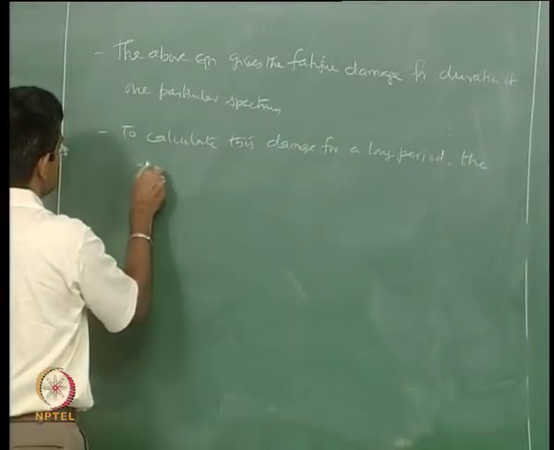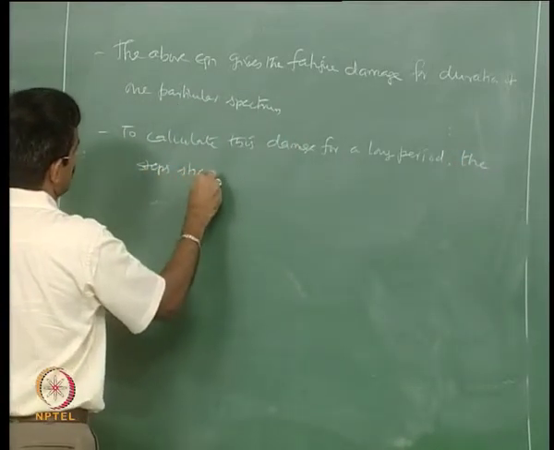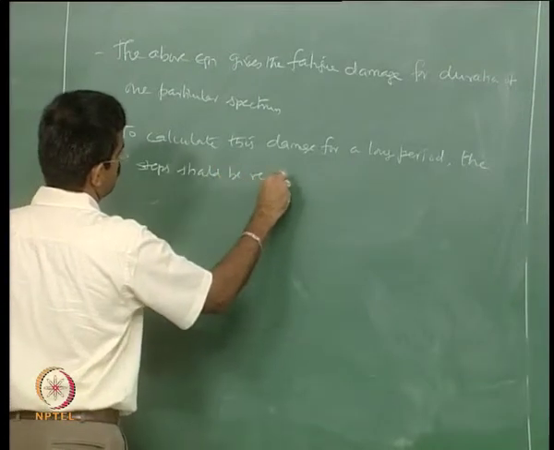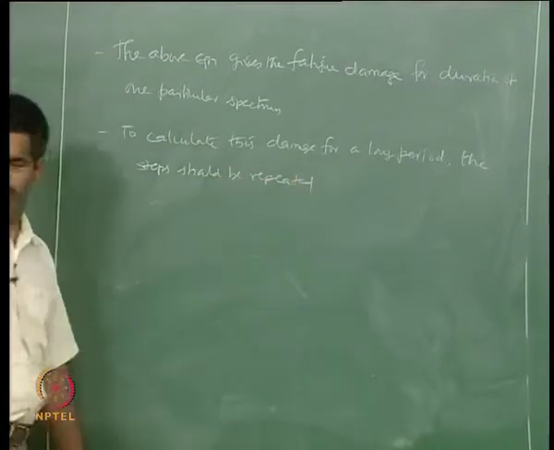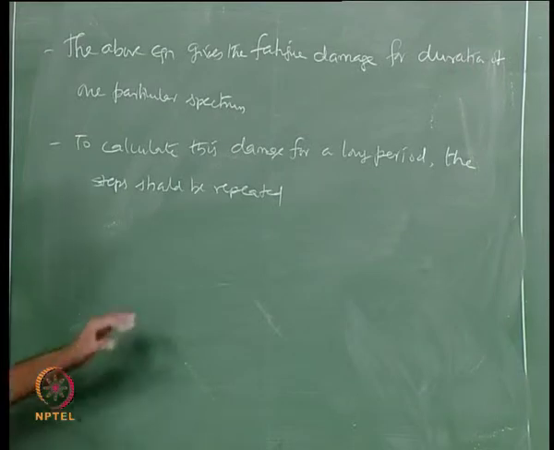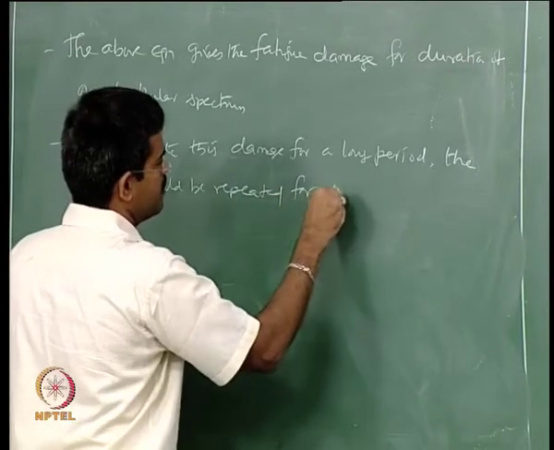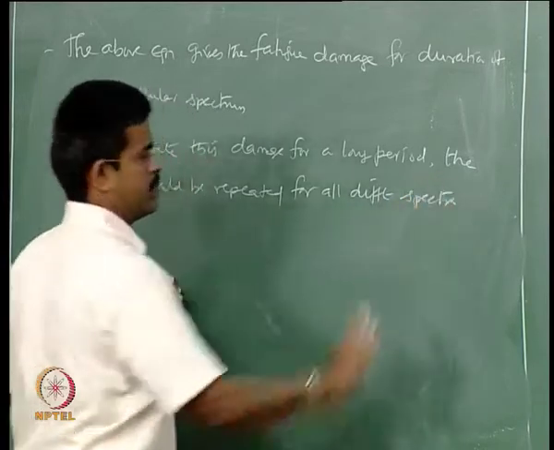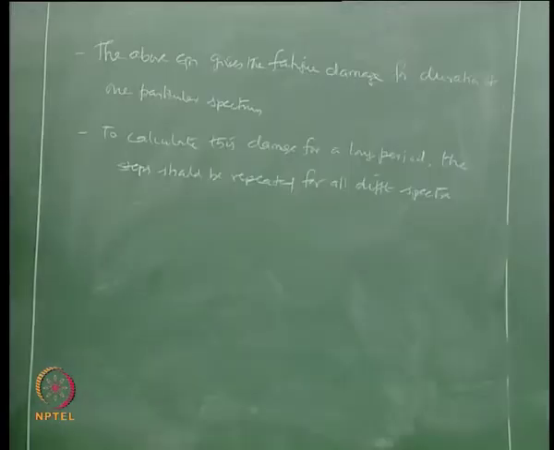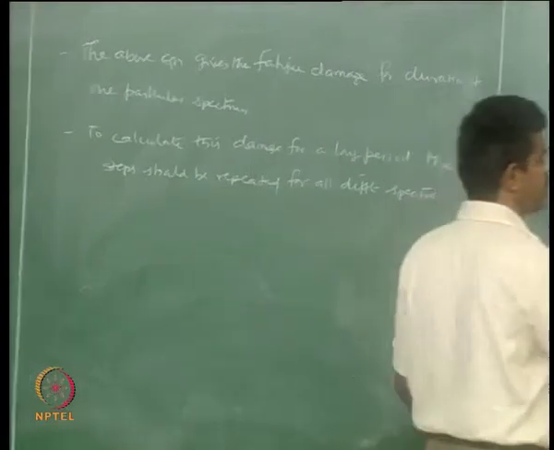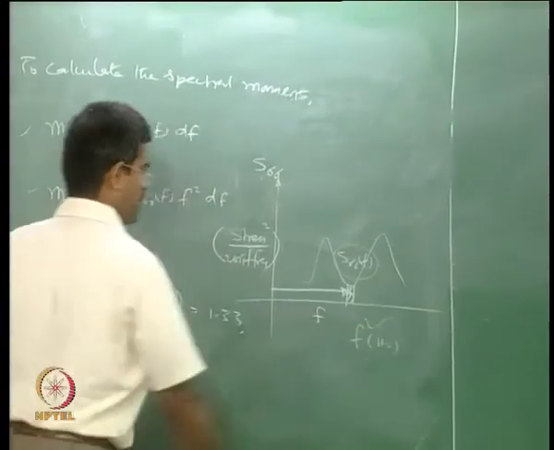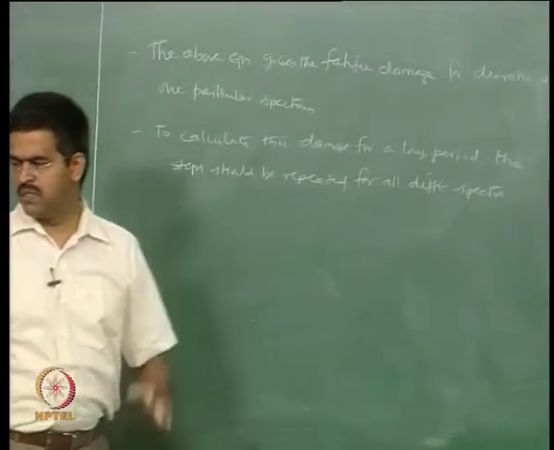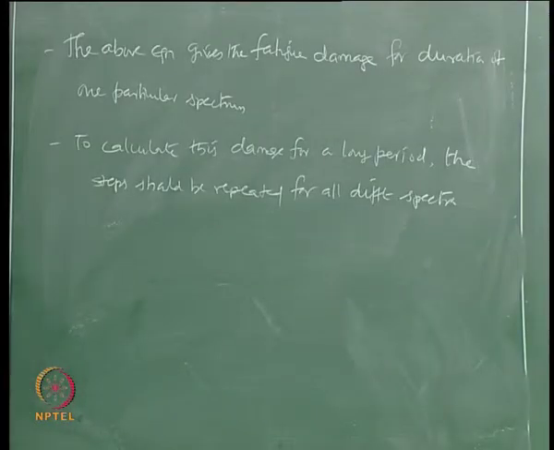The steps should be repeated for all different spectra, because you have got a specific spectrum S eta. For all different spectra that can occur in the marine structure, you will repeat this.